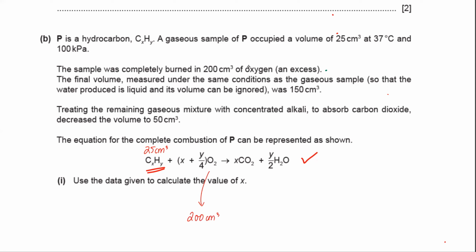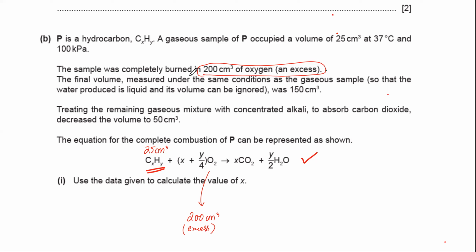But if you look carefully, he's specifically using the word excess. What that means is it's not the actual amount of oxygen that's taking part in the reaction. Some of the 200 cm cube of oxygen must have reacted, not all of it, because it's added in excess.